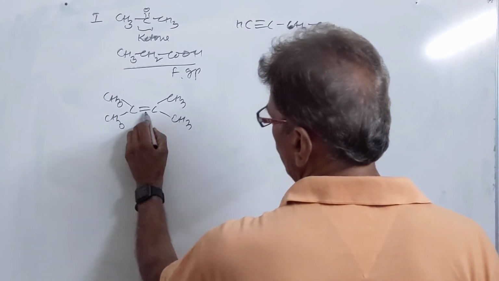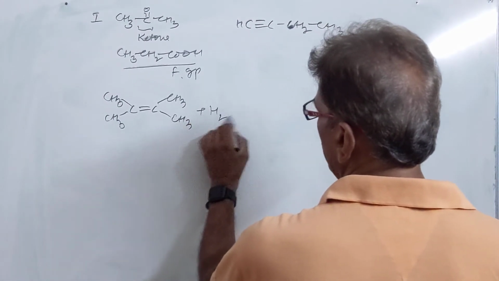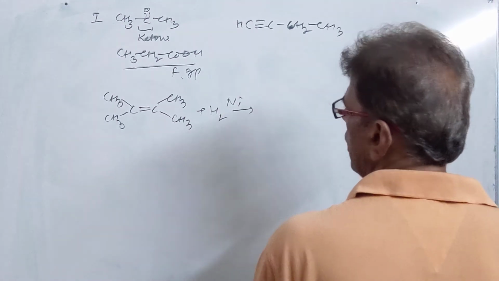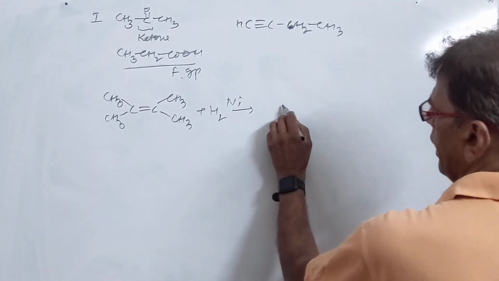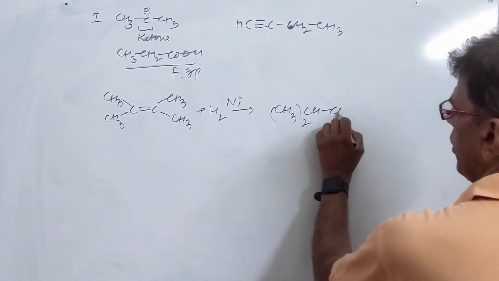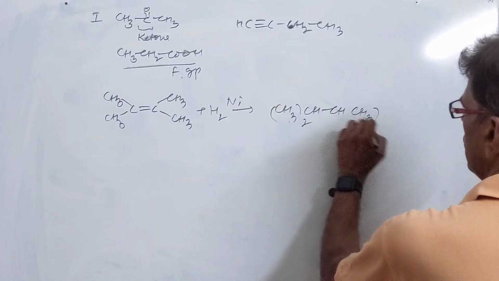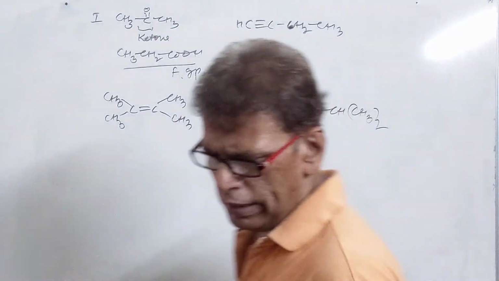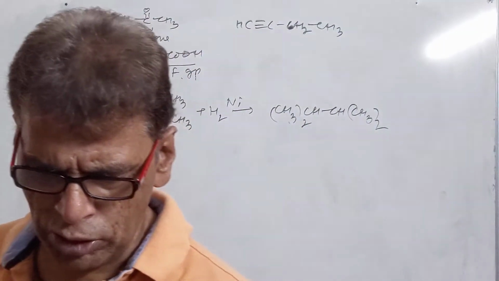Since it has only one double bond, one molecule of hydrogen will be consumed in the presence of nickel, and you will get the product CH3 twice, CH single bond, CH3 twice. So it will be taking one hydrogen molecule.